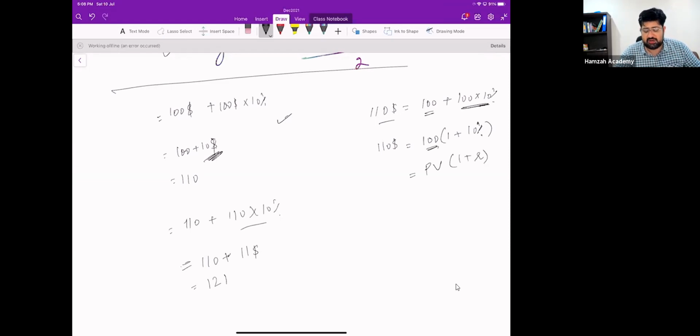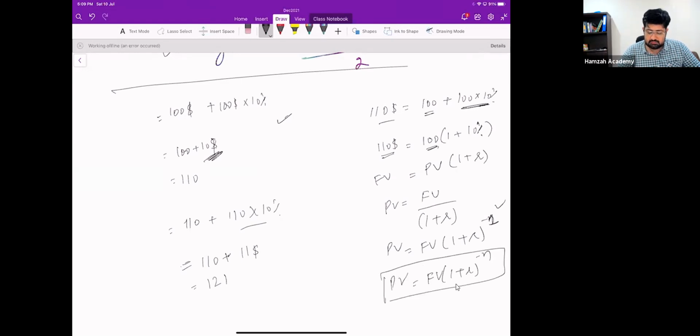This is the rate of return. This is the future value. What is present value? Future value over 1 plus R. So present value is equal to future value times 1 plus R raised to the power minus 1. If it is for year 1, it is minus 1. If it is for year N, minus N. The formula is in front of you.